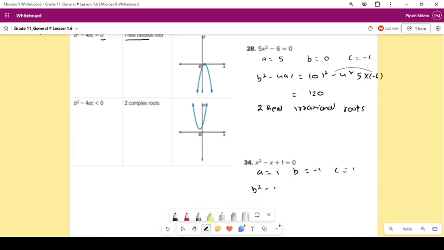So b square minus 4ac will be equal to minus 1 whole square minus 4 into 1 into 1. So altogether it will give you 1 minus 4, which will give you minus 3. Now because here it is minus, it means this is less than 0, and if it is less than 0, you will be writing here 2 complex roots. I hope you all have understood this one.